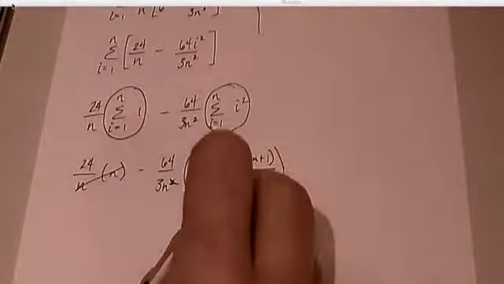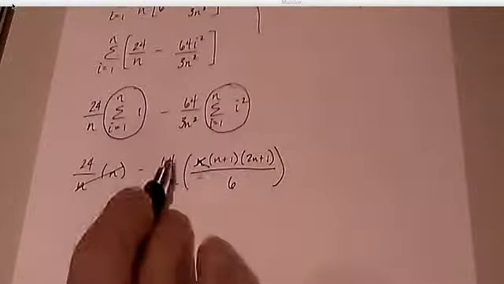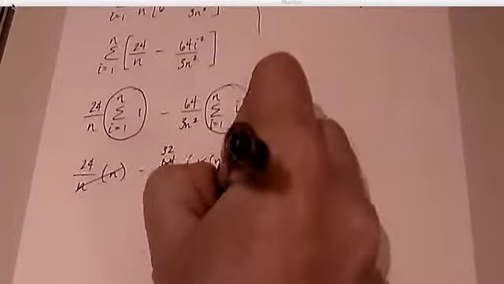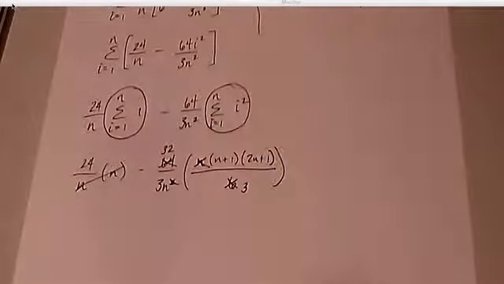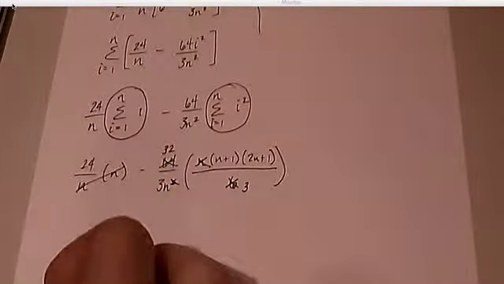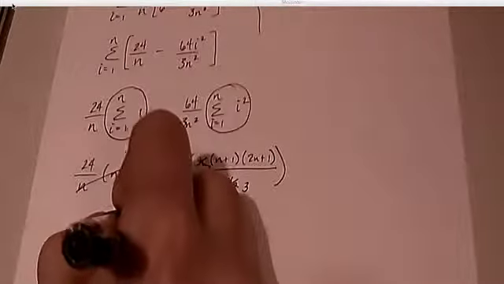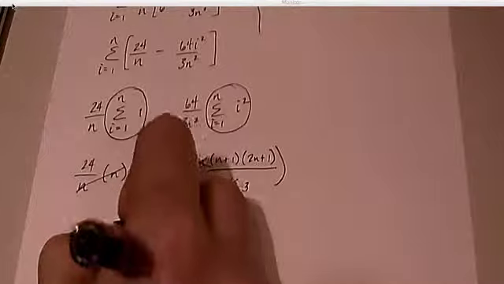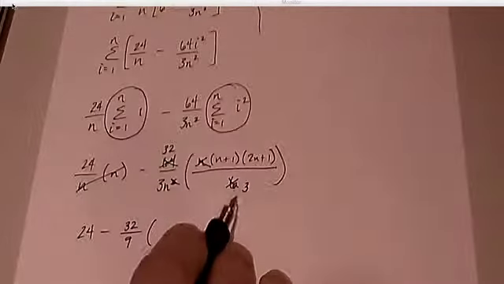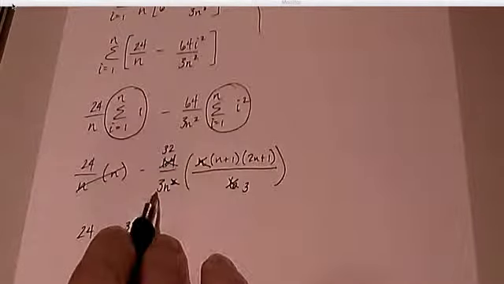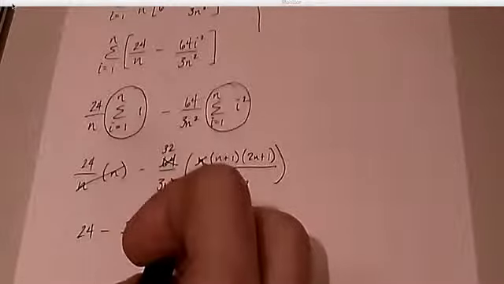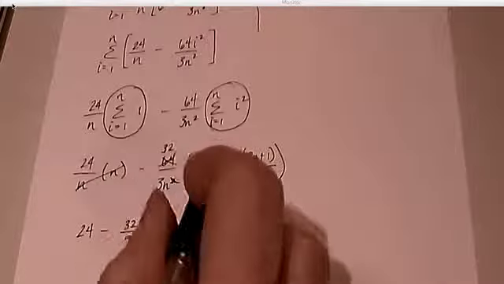Now 6 has a 2 inside of it, and so does 64. So that can be 32, and that can be transformed into 3. So what happens here is I get 24 minus 32 ninths, because I'm just going to pull that out over here.